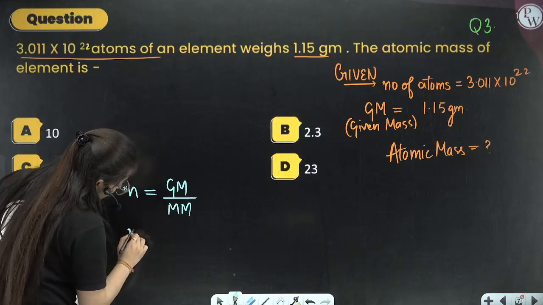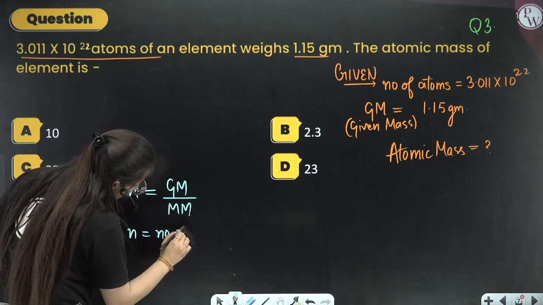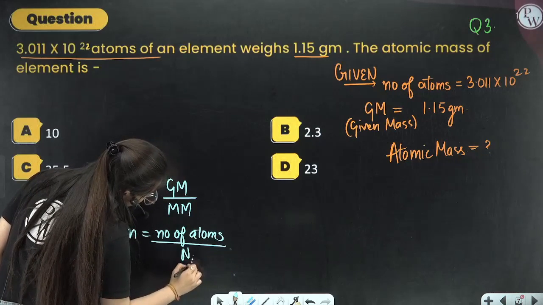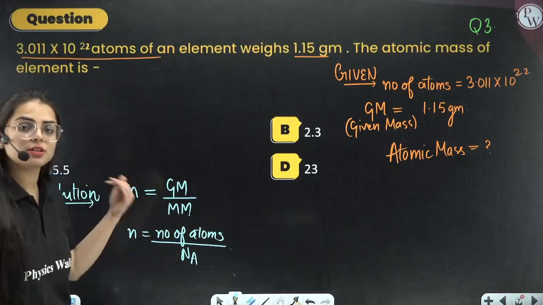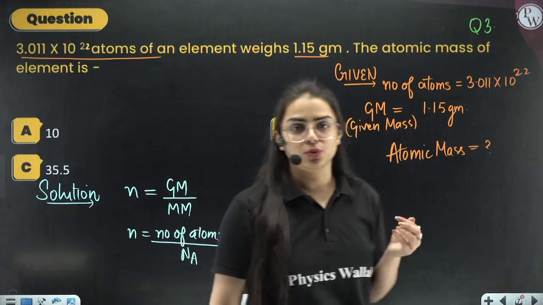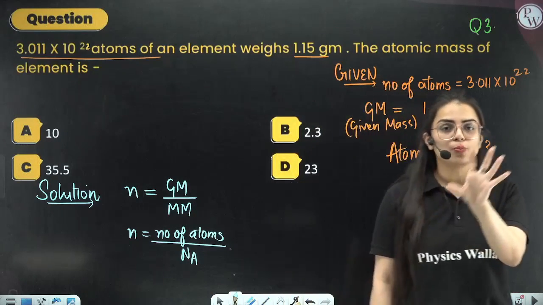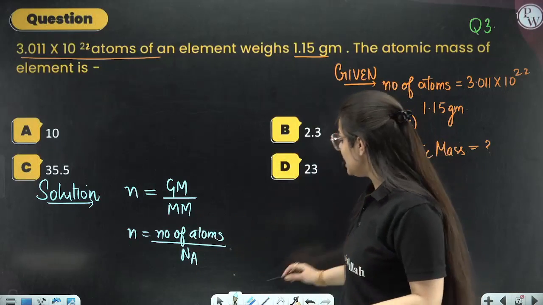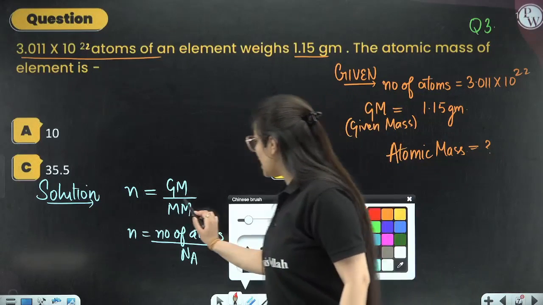Also, number of moles is equal to number of atoms divided by Avogadro number. So these are the 2 formulas for number of moles. There is also one more formula that is based upon volume, that is volume divided by 22.4 liters, right? So we are going to use these 2 formulas because we need to calculate this.